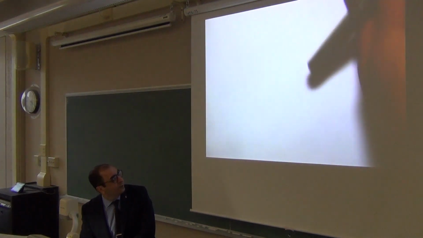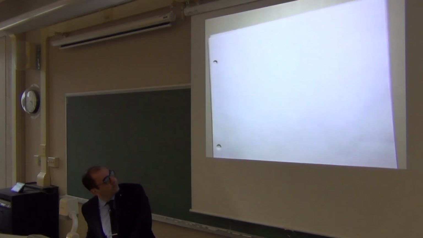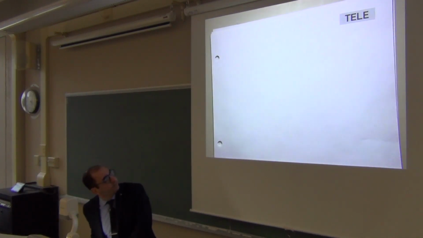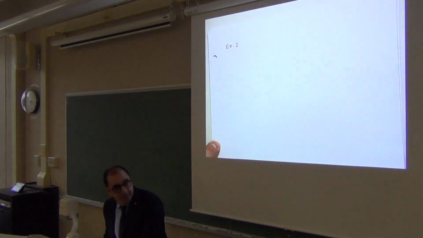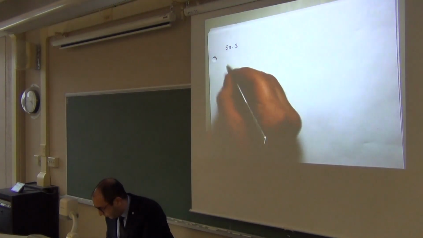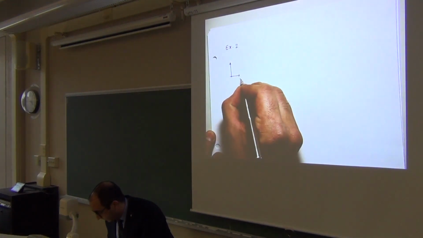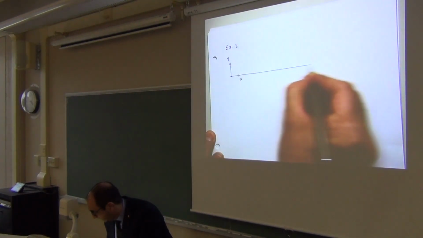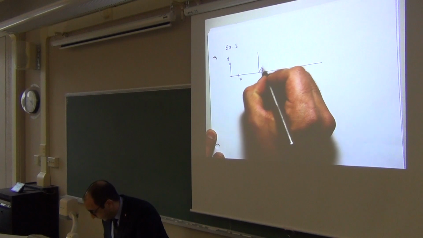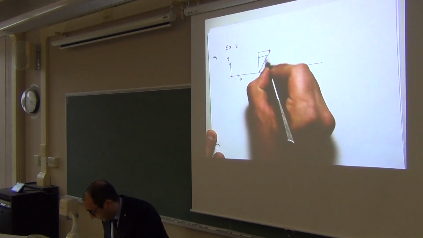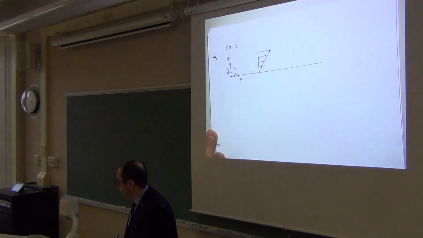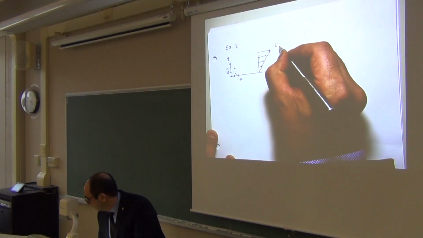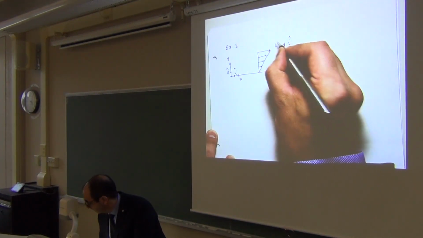So that's exercise 2. The flow is two-dimensional if you think about it in the x-y plane. The flow looks like this. Velocity is only in the x direction, or i. u is equal to y i.